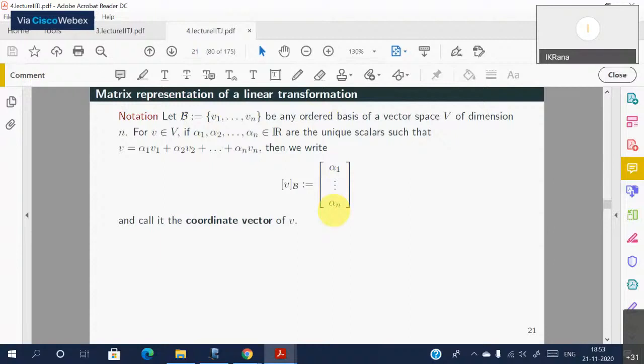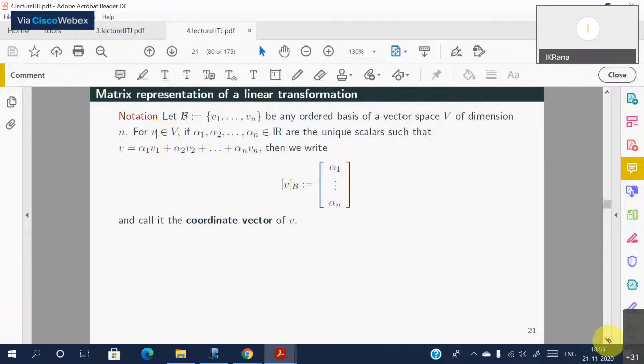So for consistency's sake, we take a basis v1, v2, vn and fix the order. With this basis, every vector has a linear combination, so the scalars appearing in the linear combination in that order are written alpha 1 to alpha n, and that is called the coordinate vector for the vector v in V.